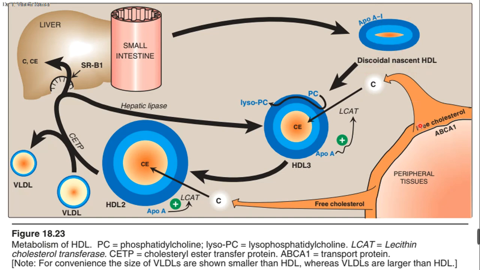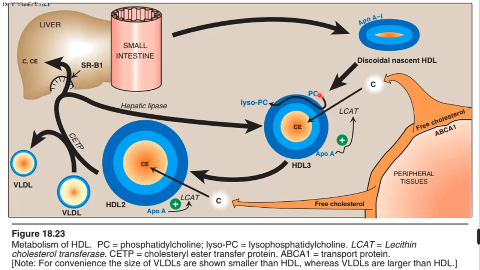Due to the action of ABCA1, a transport protein, a lot of free cholesterol is liberated and transported to the HDL. So that is the concentration of cholesterol taken up by HDL.